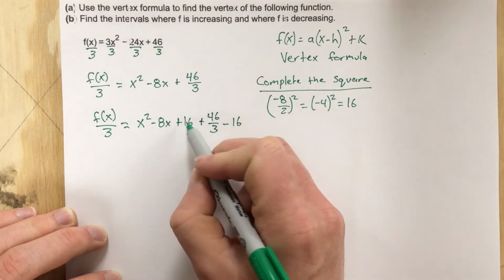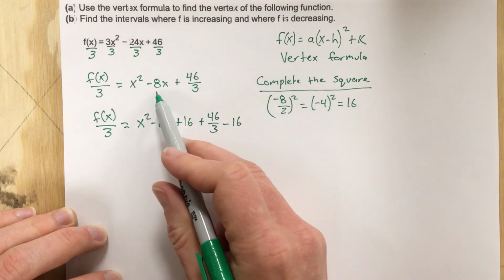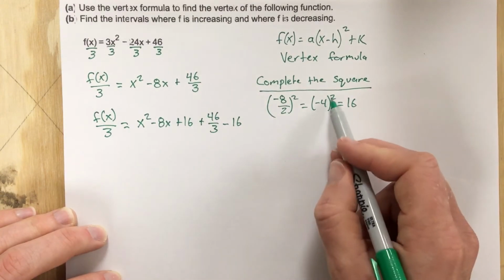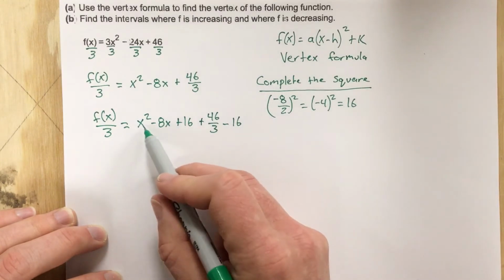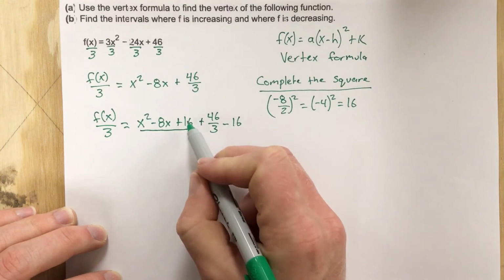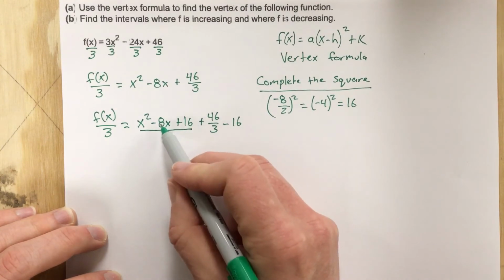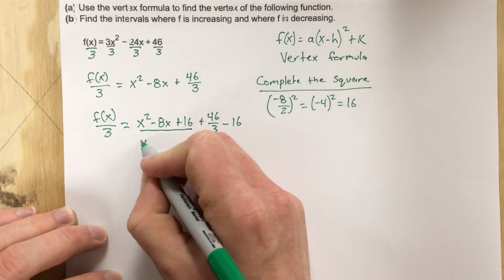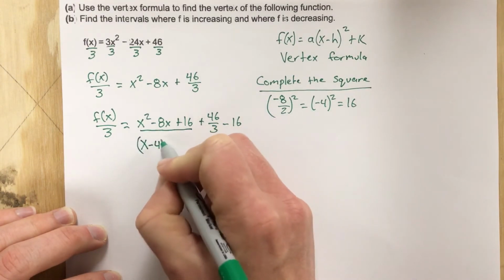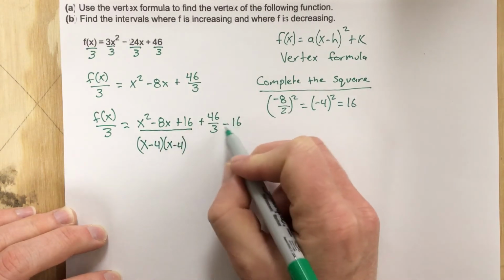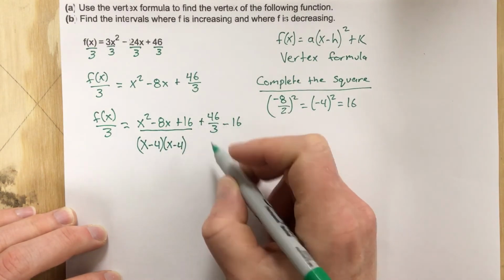So when I add the 16 in, because I took the middle term and divided it by 2 to give me negative 4, and I squared it to get the 16, I know that this trinomial is going to factor into a perfect square. The factors of 16 that add to negative 8 are negative 4 and negative 4. So I'm going to have x minus 4, x minus 4, and then I need to just combine these two constants together.